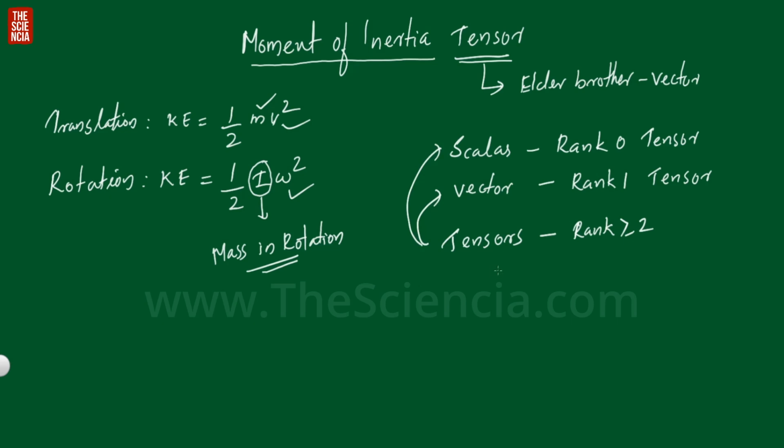That is, a rank 0 tensor is called a scalar and a rank 1 tensor is called a vector. In general, we call these tensors, and we specify the tensor with its rank. Here, our moment of inertia tensor is a rank 2 tensor.